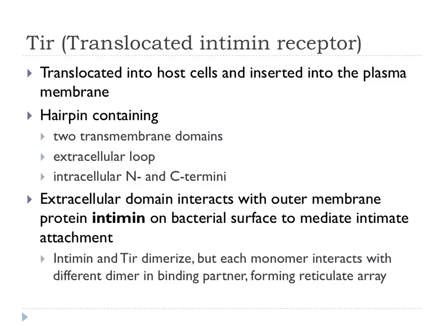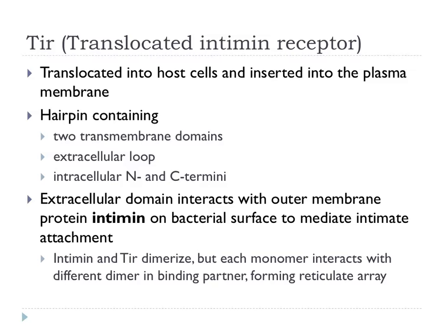Now, one of the interesting things that was discovered in the mid-90s: we had this intimin that was known to be on the cell surface, the outer membrane of the E. coli, somehow mediating intimate attachment. But what was it interacting with? For many years, people thought it must be interacting with a host protein, and we just needed to find what that host protein was.